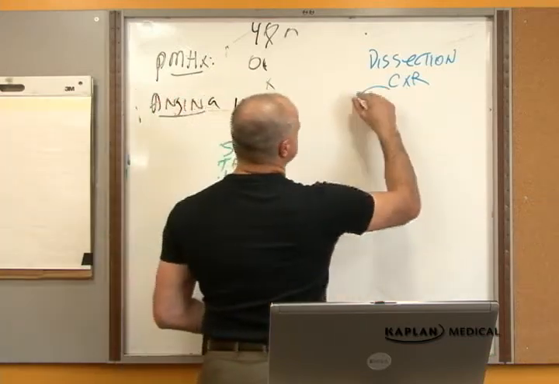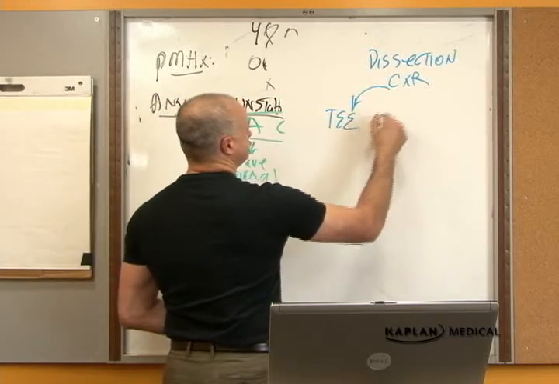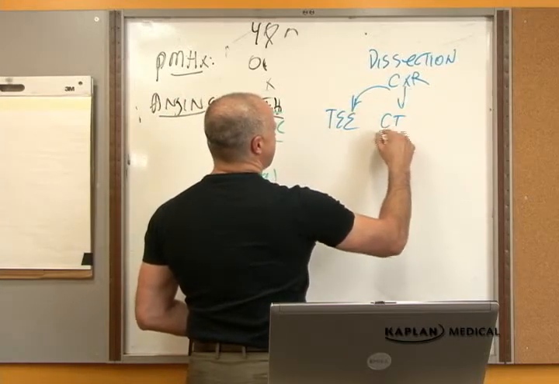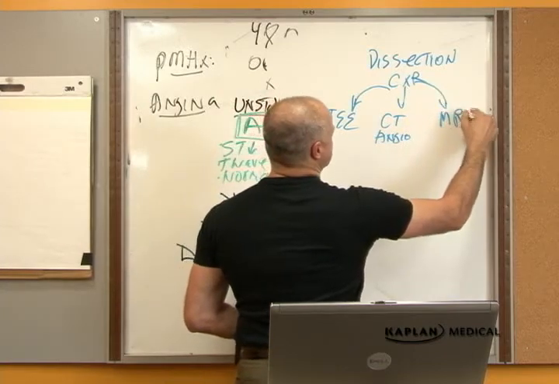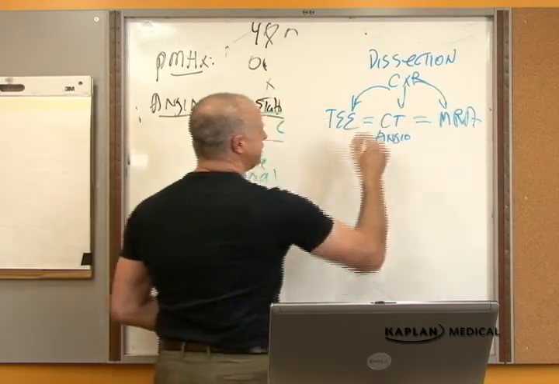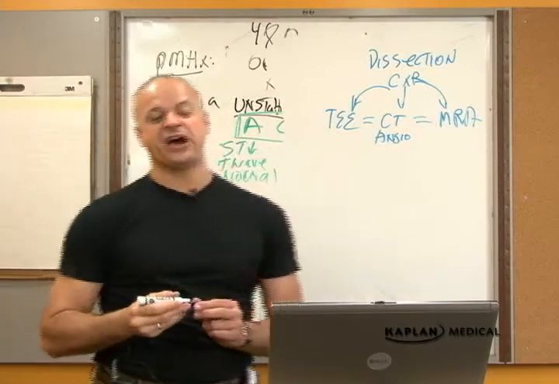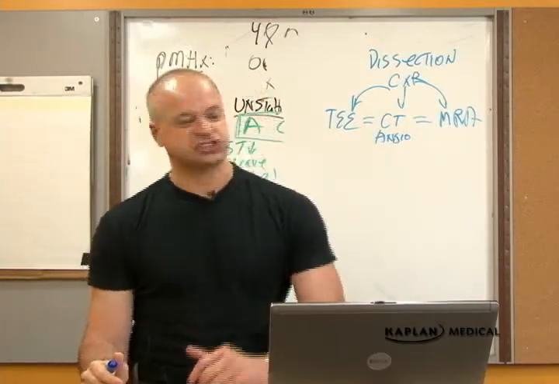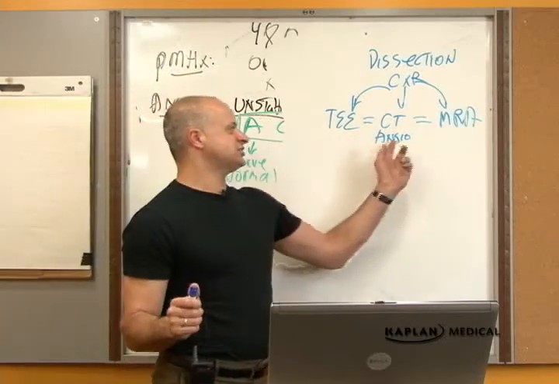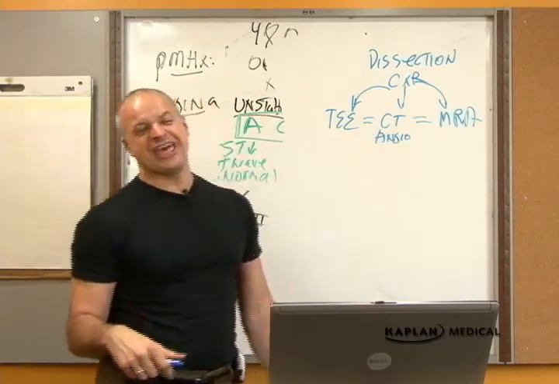After the chest X-ray, you can do a transesophageal echo, a CT angiogram, or a magnetic resonance angiogram. All three of these are about equal. They all achieve 90 to 95% sensitivity. Wide mediastinum, chest X-ray is first. Then either transesophageal echo, a CT angio, or an MRA after that.